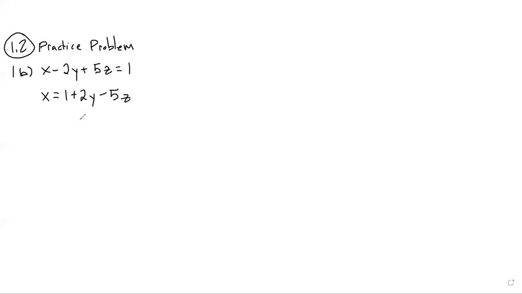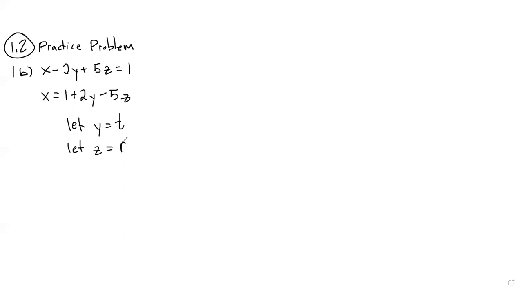Now, when we have free variables, we usually don't want to describe our solution in terms of them. Usually what we're going to do instead is introduce a couple of new variables that we'll call parameters. So what I'm going to do is let y equal t, and I'm going to let z equal r. Usually in the notes, you'll see s, t, and r, like those are typically the three letters that you'll see used.